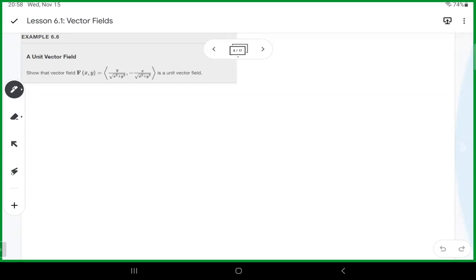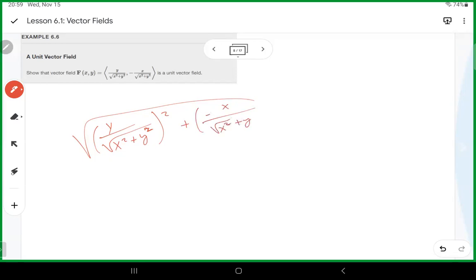So that means we're going to have y over the square root of x squared plus y squared, plus -x over the square root of x squared plus y squared.